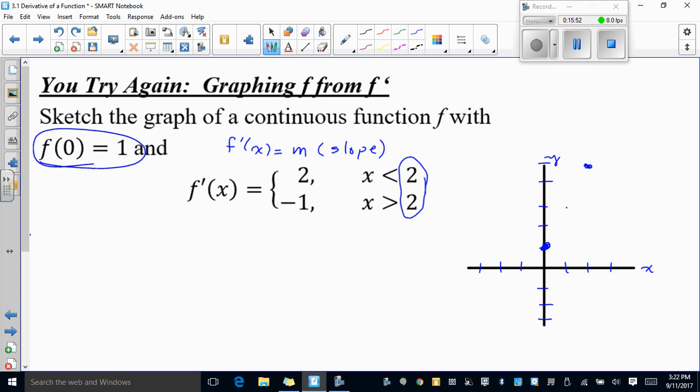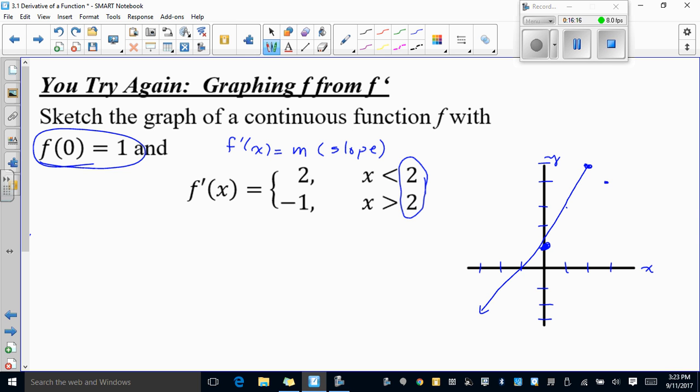There you go. Now that I've gone from (0, 1), I've gotten to my border point of 2. Now I can use my slope of 1. So down 1 over 1, down 1 over 1, and so forth. And again, you should be seeing the different things going on.